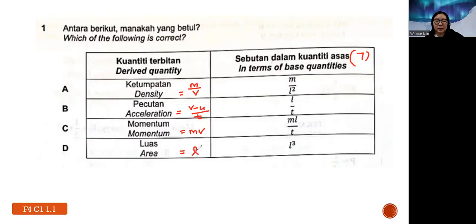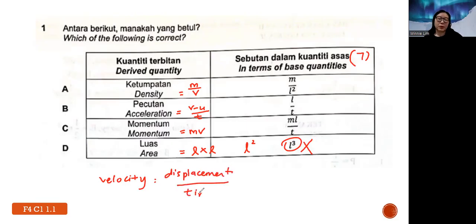If you look at the choices, length times length is supposed to be L squared, so that means this one is wrong. Then for momentum, mass is a base quantity, but velocity is not a base quantity yet. Velocity comes from displacement over time, the equation being displacement per unit time.